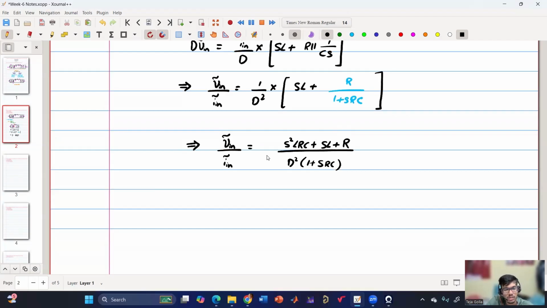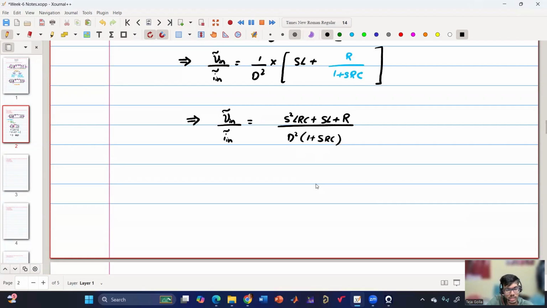Yes. So this is the overall transfer function that we are getting. This is our Z in of S, which is S square LRC plus SL plus R by D square into 1 plus SRC.